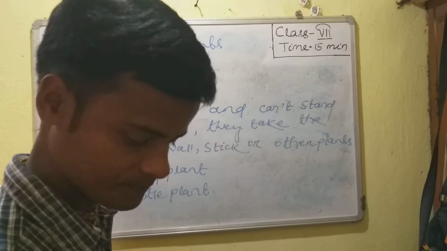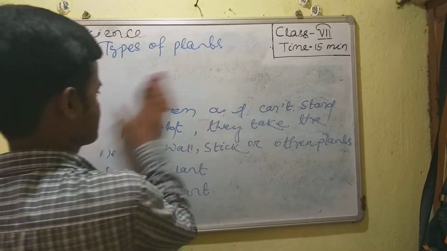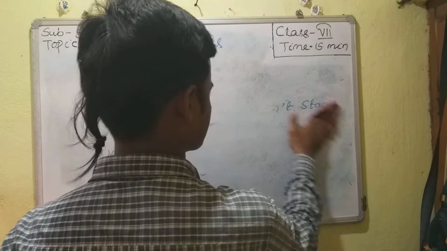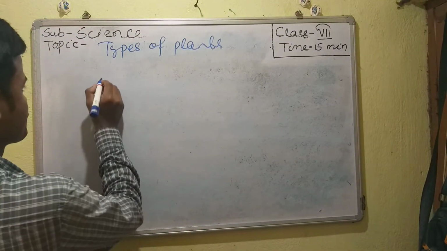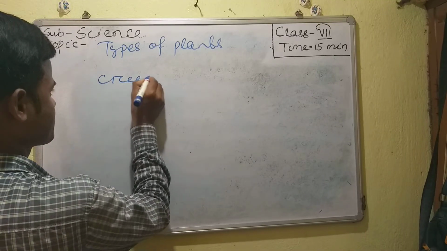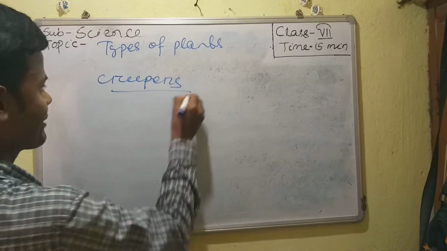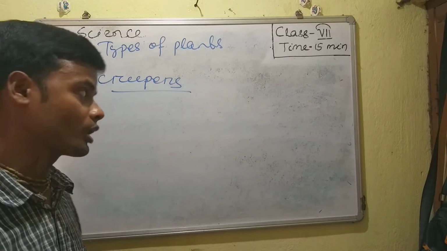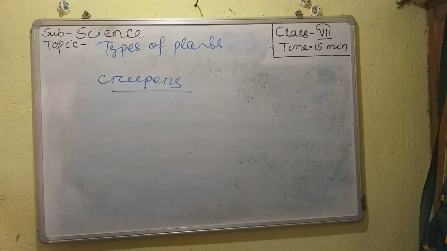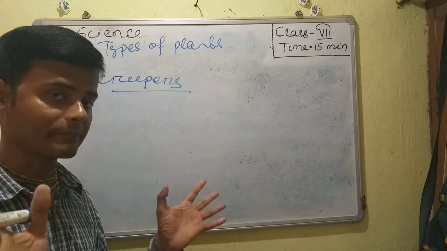Then comes creepers. From the name we can say that creeper means those plants which creep, which means crawl, right? There are certain plants that cannot stand upright, they crawl on the ground because of their heavy fruits.